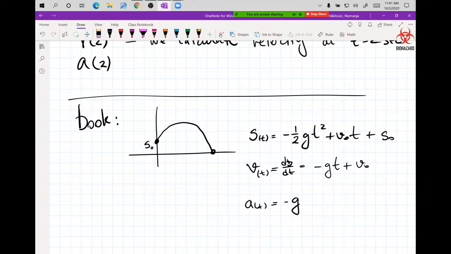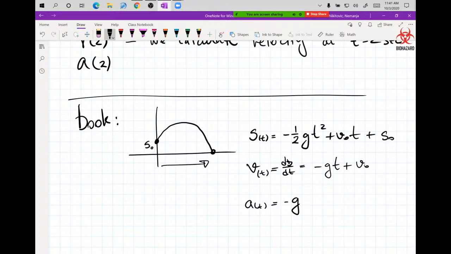So if I want to know where the object is after 4 seconds, the position of the object at 4 seconds, the velocity of the object at 4 seconds, and due to gravity, acceleration is always g. So these are the things. This is the vertical motion of the parabolic motion.